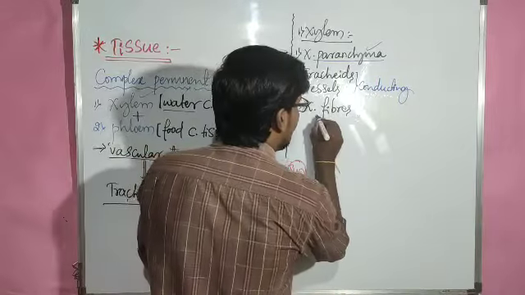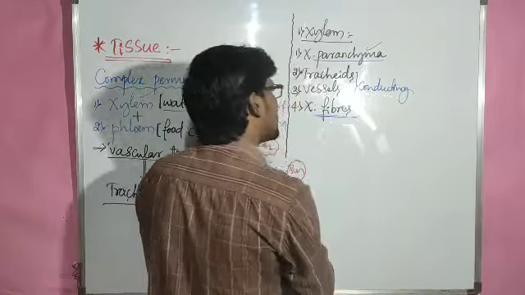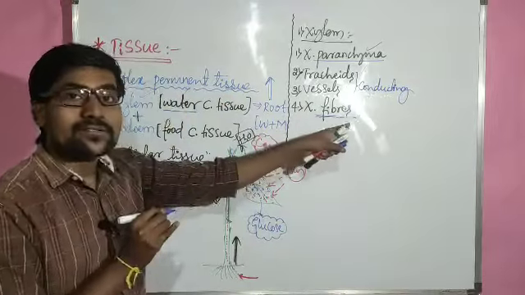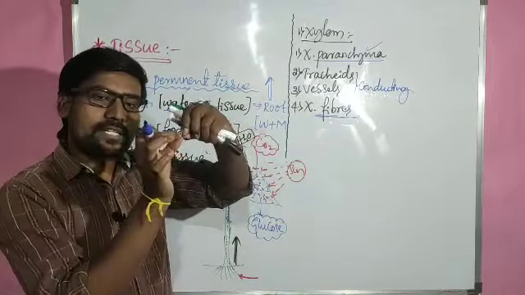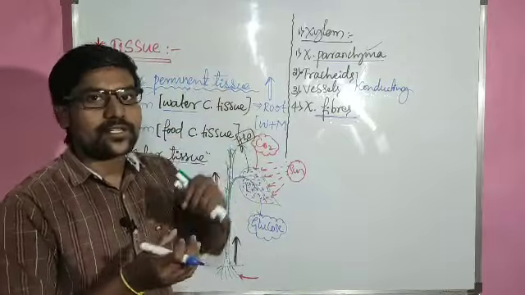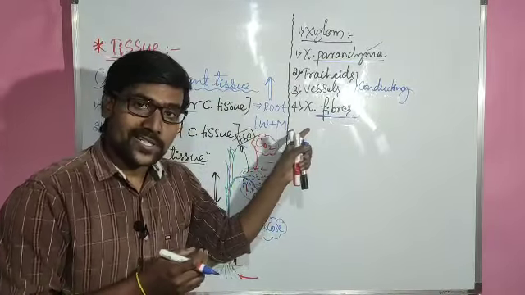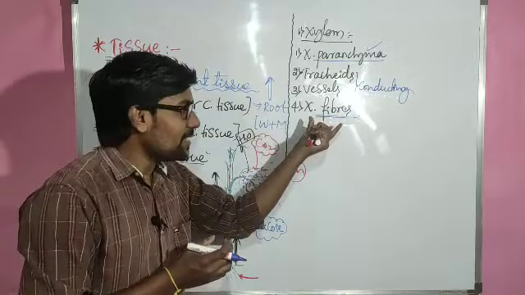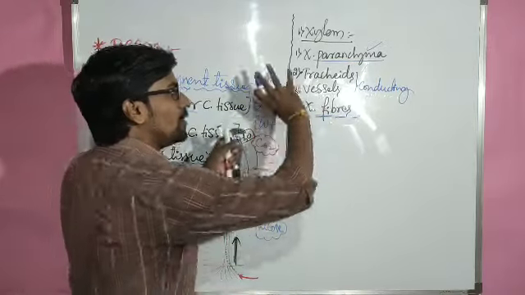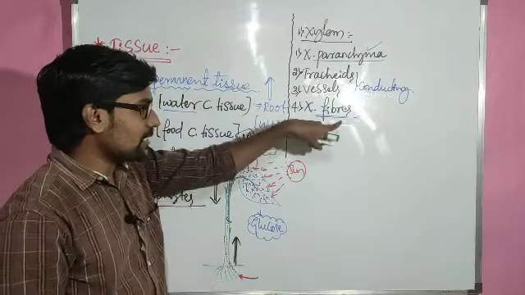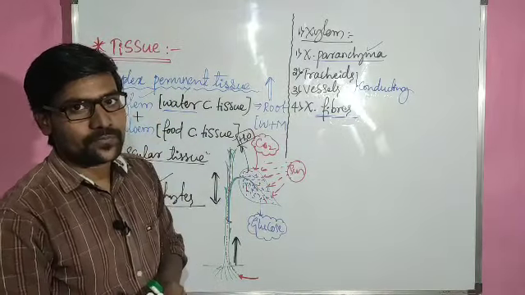And xylem fibers are also a major component. Xylem fiber means sclerenchyma fiber, sclerenchyma cells in a thread-like structure. Are sclerenchyma cells living or dead? Those cells are dead cells. Dead fibers hold all the structures together, that means they give mechanical support.